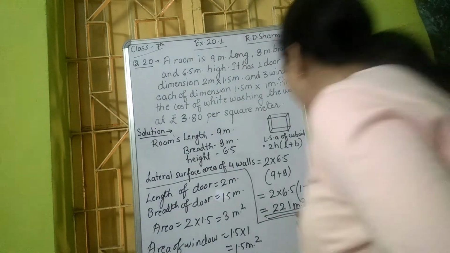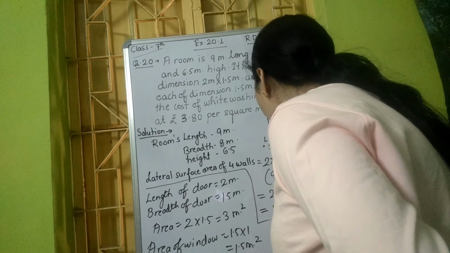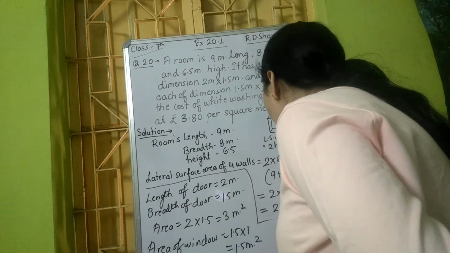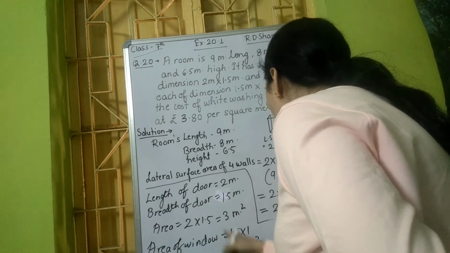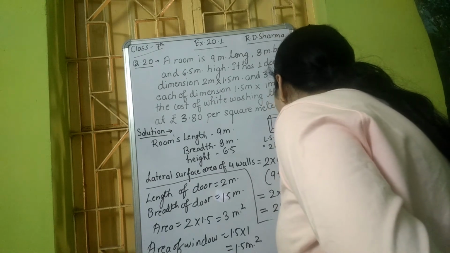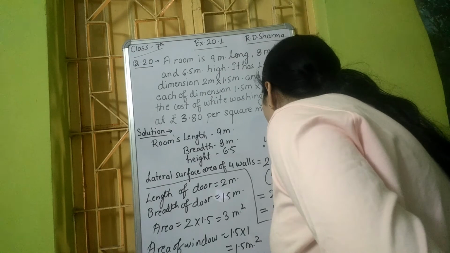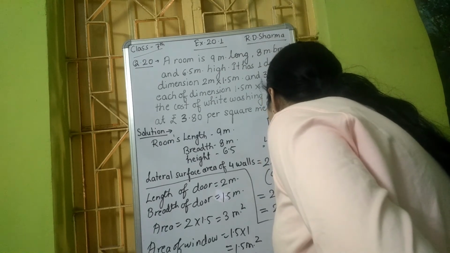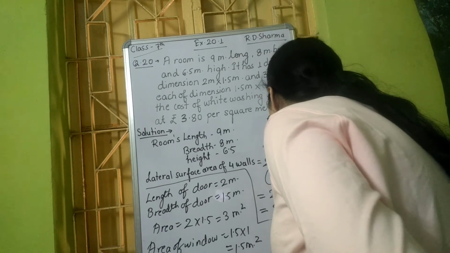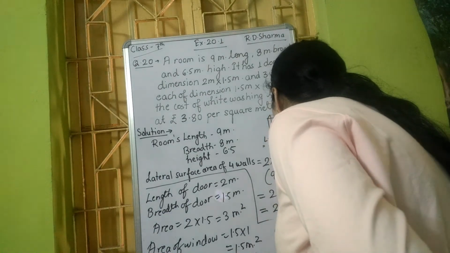Now the surface area is 221 meter square. One door's dimension is given, so the area of one door is 3 meter square. Windows area is 4.5 meter square.